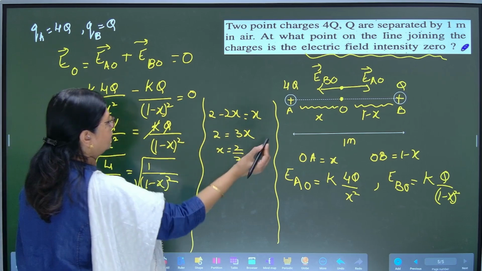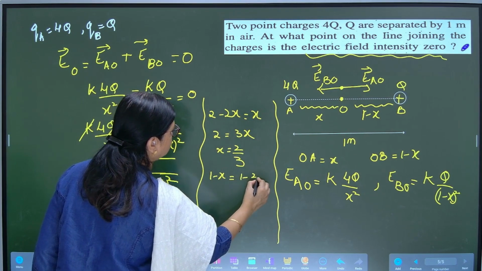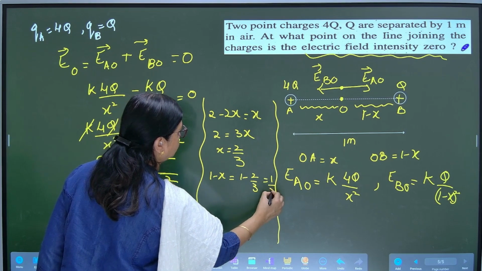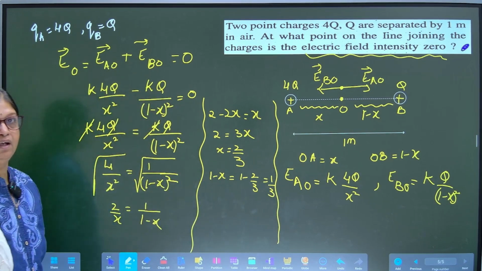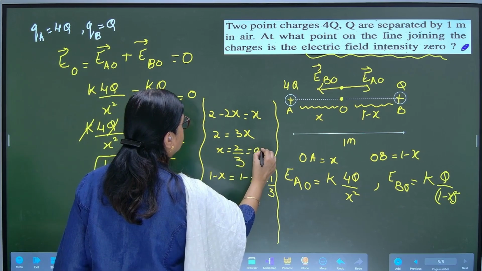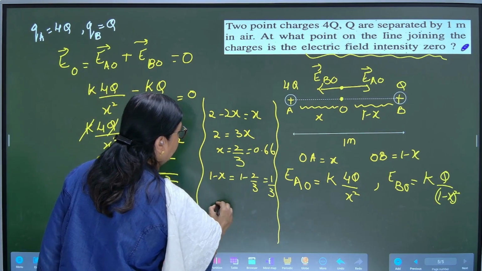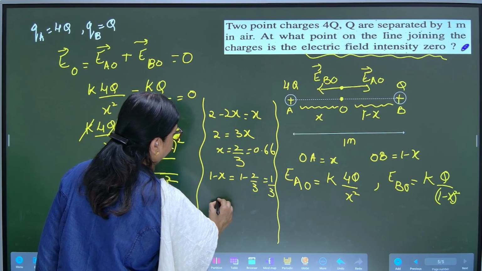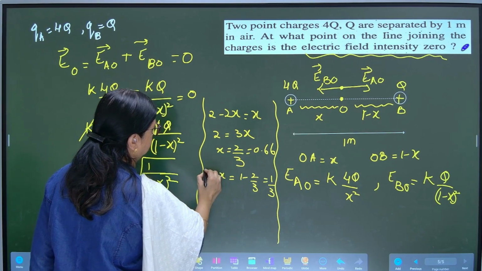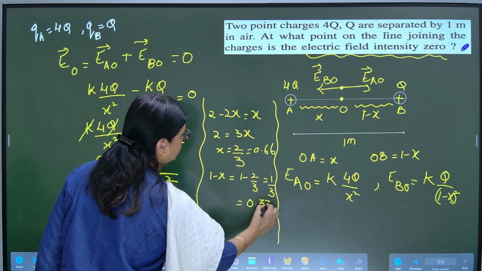And what is the other part? 1 minus x. So 1 minus 2 upon 3 is equal to 1 upon 3. I can write it even in decimal form: 0.66. And here x, that is the distance, is equal to 0.33, the leftover part.